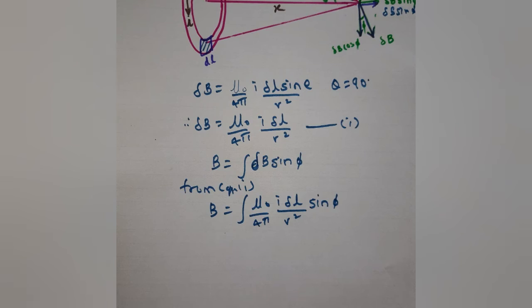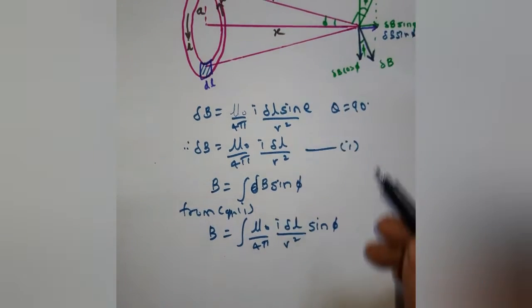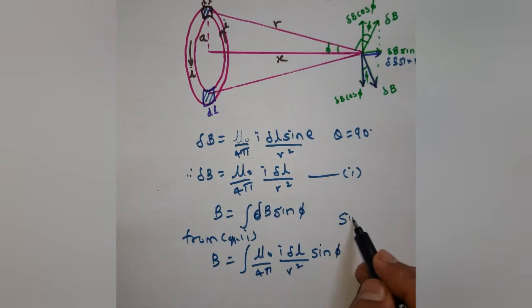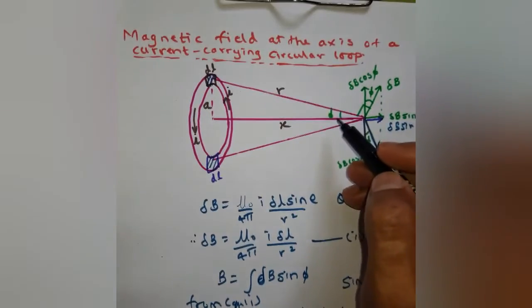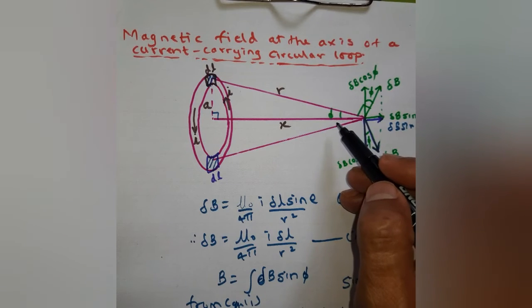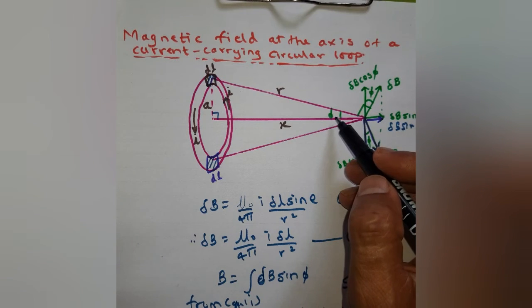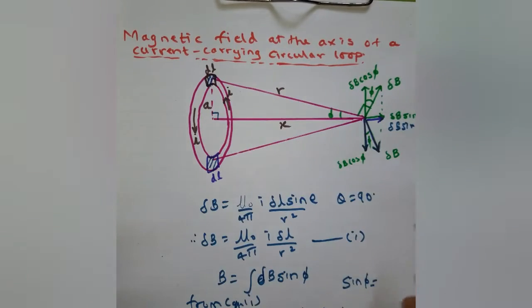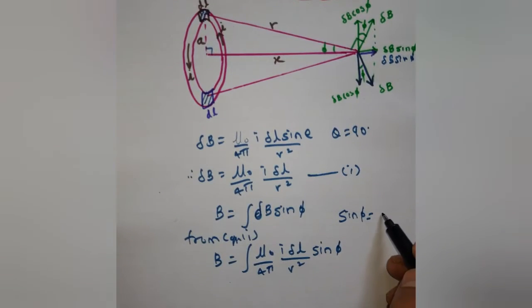If you look and find the value of sine phi from here, what will be the value of sine phi? If you take this as a right angle triangle, sine is opposite upon hypotenuse, so sine phi will be equal to a upon r.